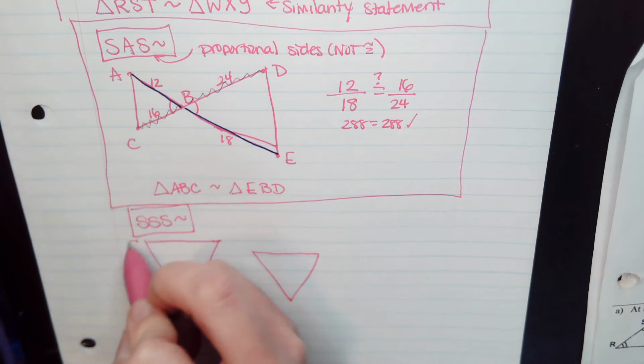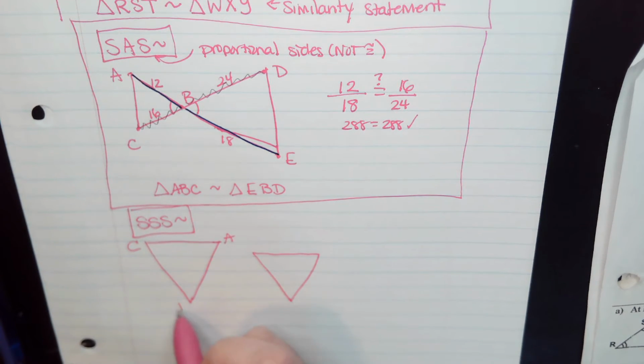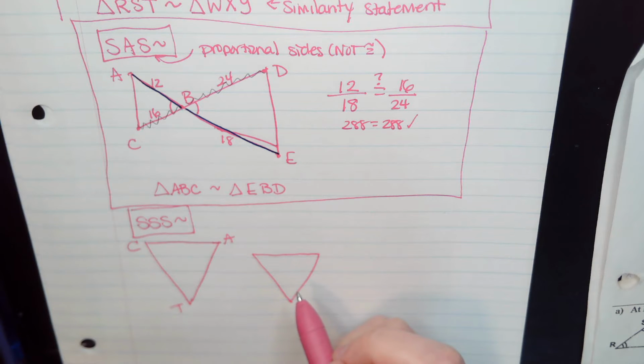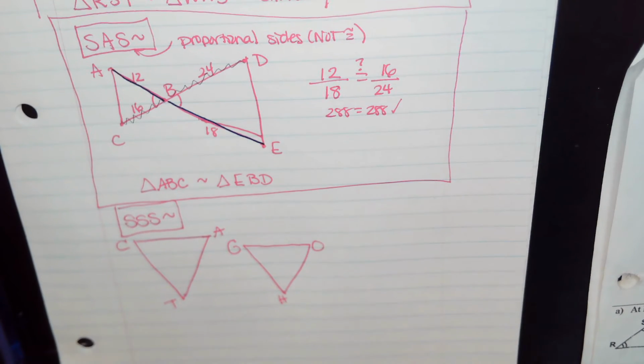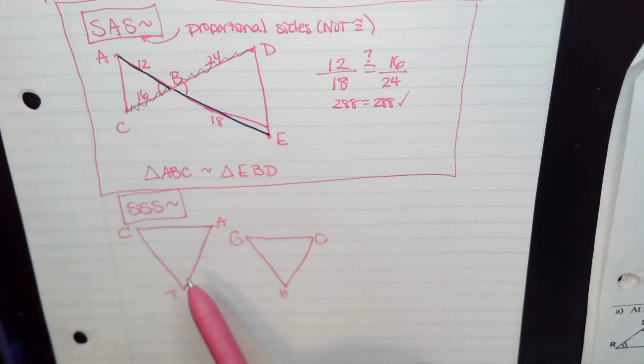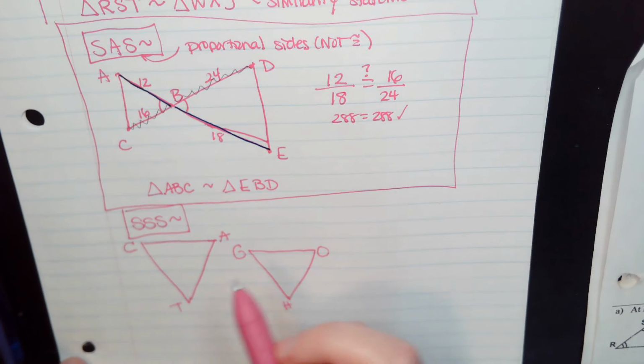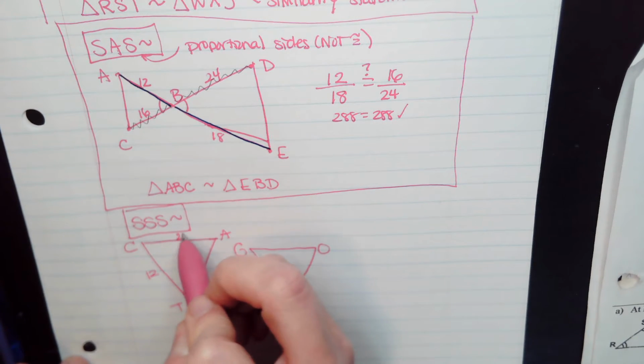So we'll call this one CAT and HOG. So now for this one, we want to show that all three sides are proportional.